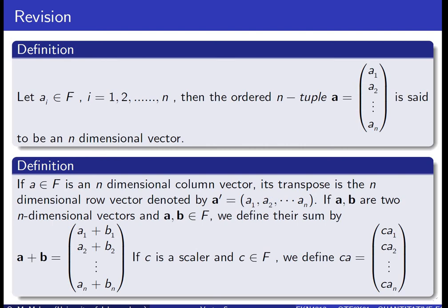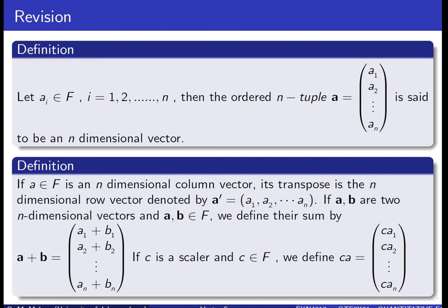If a, an element of F^n, is an n-dimensional column vector, its transpose is the n-dimensional row vector, denoted by a', (a_1 all the way to a_n). If a, b are two n-dimensional vectors in F, we define their sum as a plus b. This is just to say that if vectors are of the same dimension, or matrices are of the same dimension, you can add them.